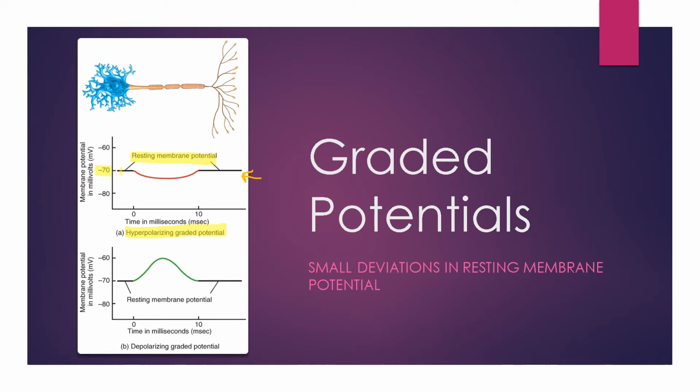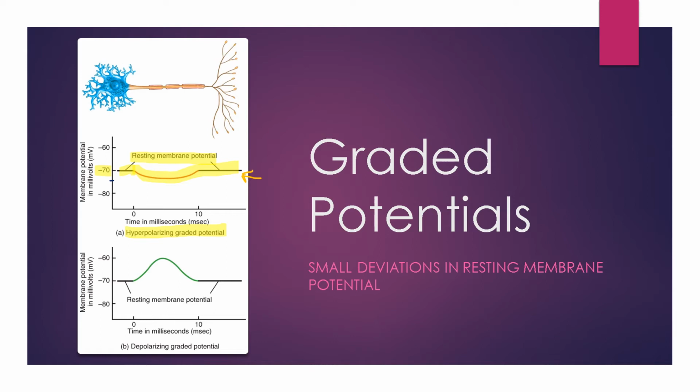And we have this graded potential that brings it a little bit more negative, dropping it down to maybe -72, kind of about right here, maybe -73. So this is a hyperpolarizing graded potential. It makes the membrane more polarized, bringing the membrane further into the negative, makes the inside more negative.